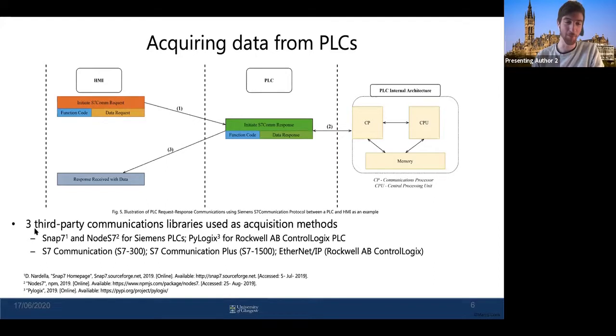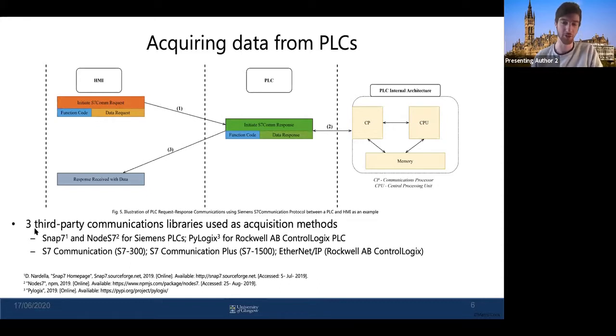So the S7-300 uses something called the S7 communication protocol, which is an early implementation of Siemens Ethernet-based protocols. The 1500, being a more recent device, uses S7 Communication Plus, which does allow for some security and some integrity checking on the communication links.